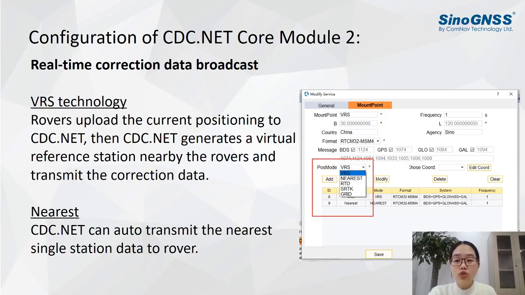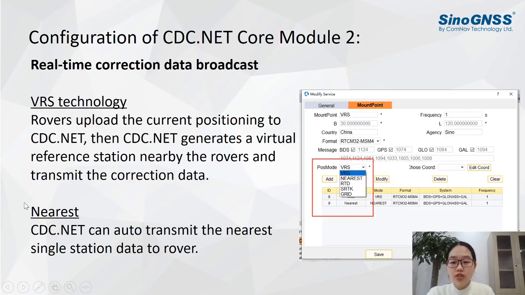The most popular technology for the CDCnet is the VRS technology. With VRS, the rovers upload the current positioning to the CDCnet, and the CDCnet generates a virtual reference station near the rovers and transmits the correction data. Then the users get fixed around the whole network.